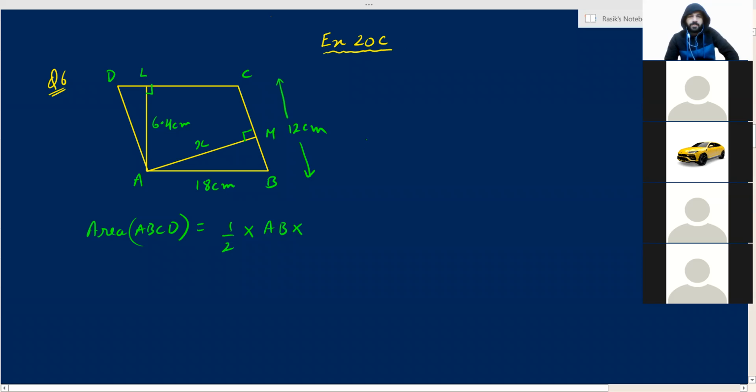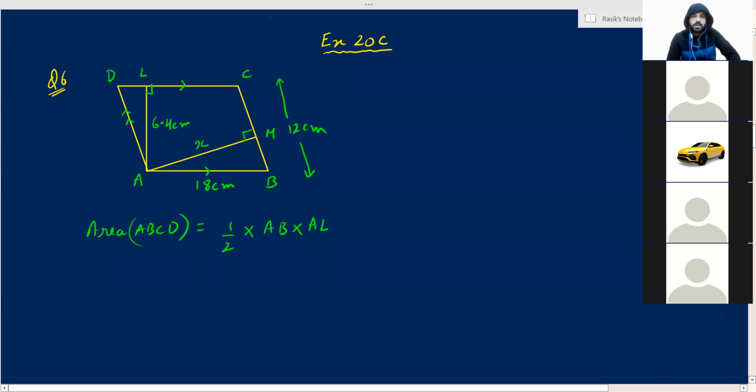Sir, AL. AL will be the height of the parallelogram. Correct. The distance between the two parallel sides is known as the height of the parallelogram. Parallel sides are AB and CD. So AL is the distance between the two parallel sides, so AL will be the height.